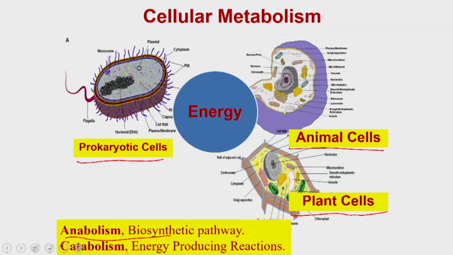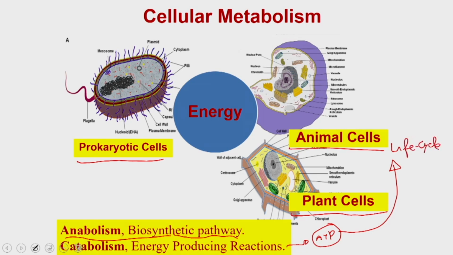Anabolic reactions, as the name suggests, are called the biosynthetic pathways. So, anabolic reactions are the reactions in which new biomolecules are synthesized, whereas catabolic reactions are the energy producing reactions, which means you are generating ATP by the breakdown of biomolecules, and then you use this ATP for running the life cycle or the different activities within the cell.